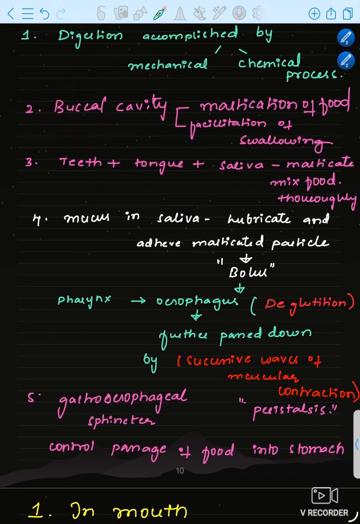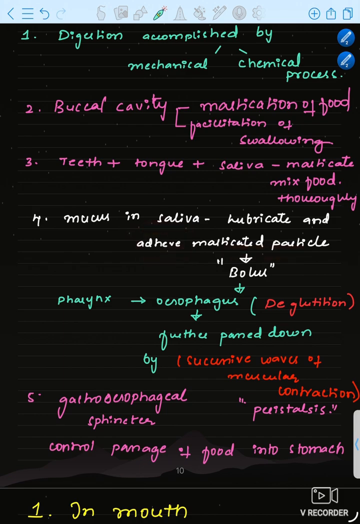Teeth, tongue and saliva also help in mastication of the food and mix it thoroughly. Mucus will be present in the saliva. This mucus lubricates and adheres the masticated particles.